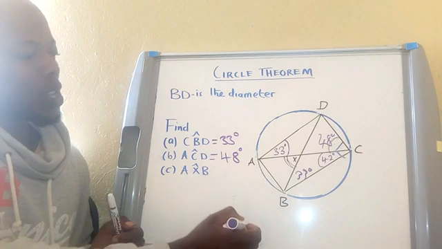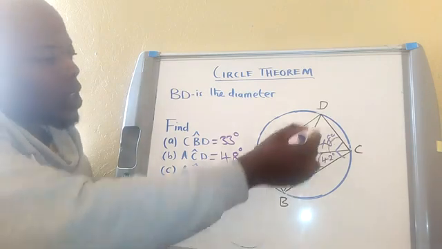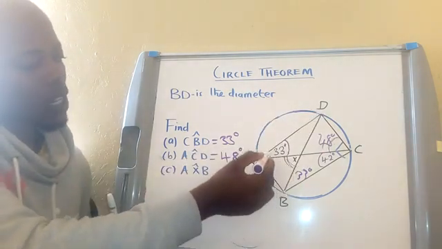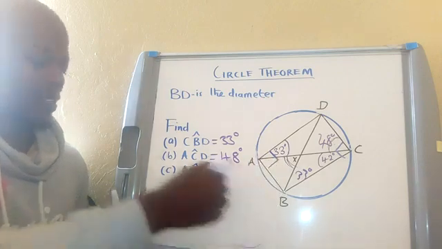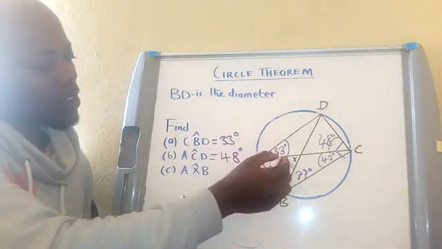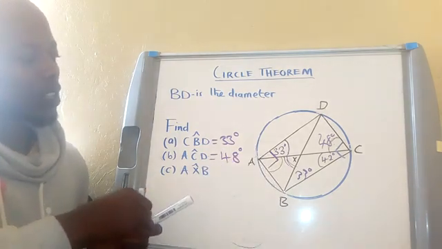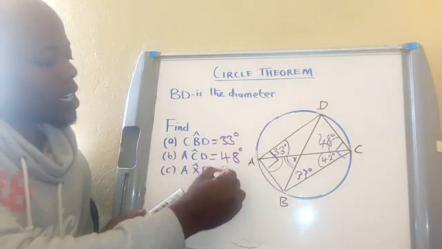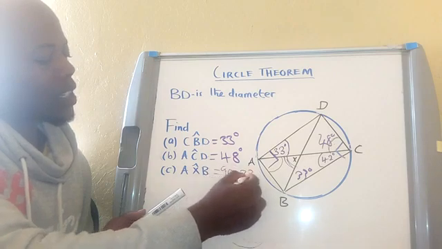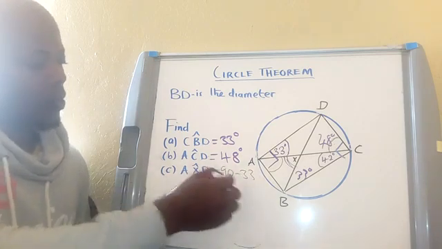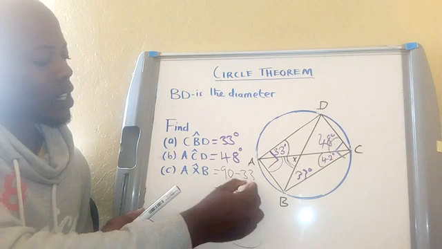What we can do here, we can take advantage of the diameter here. We know that even this side is 90 degrees. So since we know that it's 90 degrees, we can find this angle by saying 90 minus 33, of which it will give us 57 degrees.